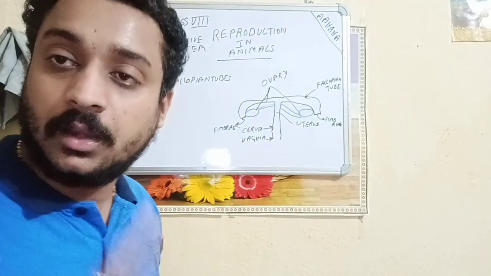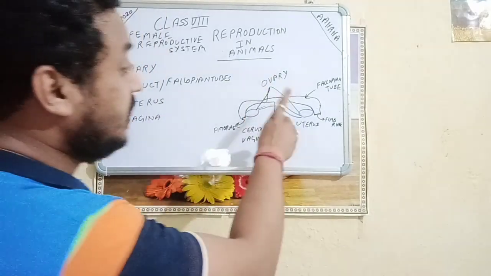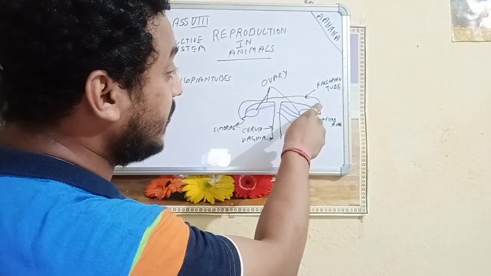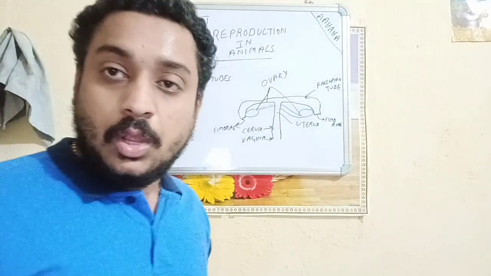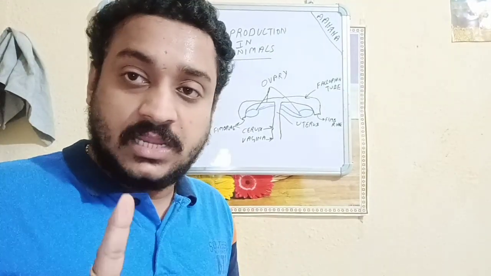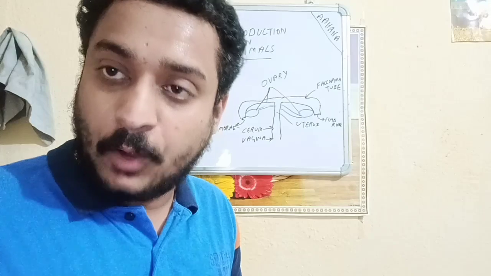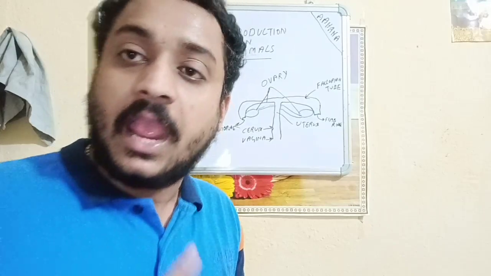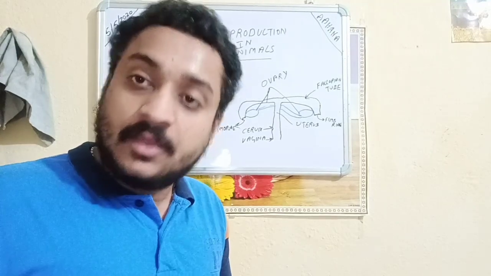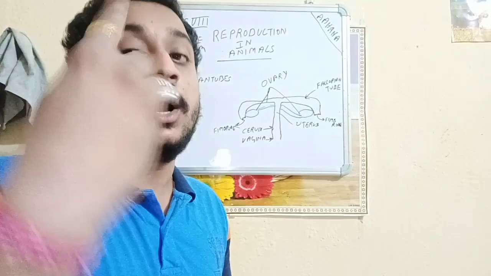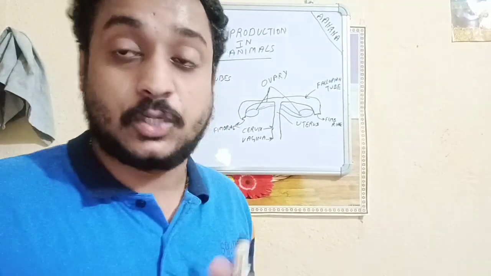After releasing the egg, it will be caught by the fimbriae and the fimbriae will transport it to the fallopian tube. Now, one thing is clear here: ovary, fimbriae and fallopian tube. The ovary forms the matured egg, which is trapped by the fimbriae, and the fimbriae transport it to the fallopian tube.